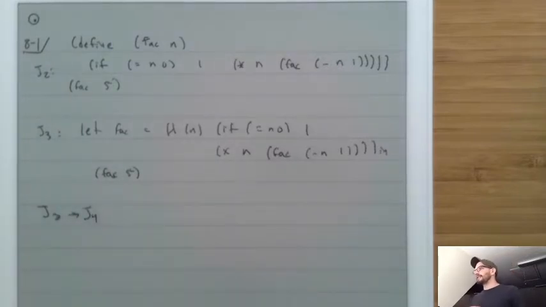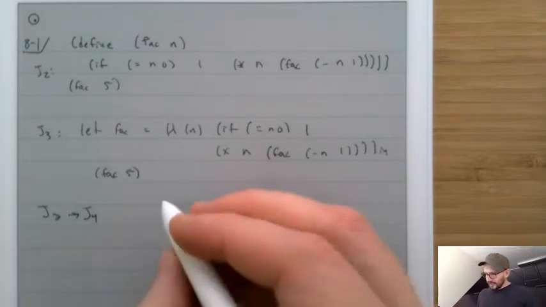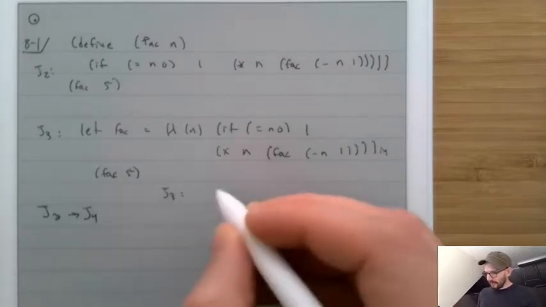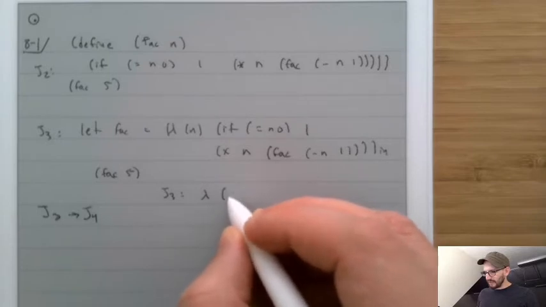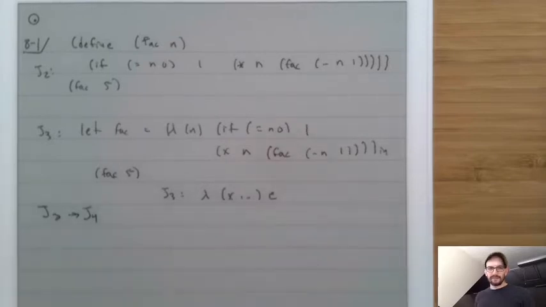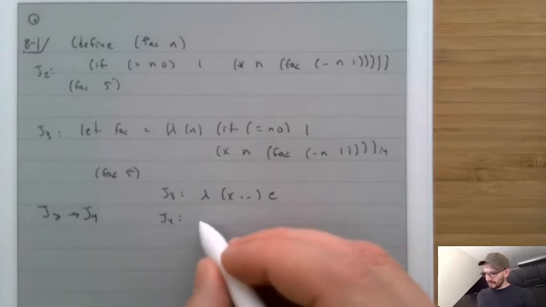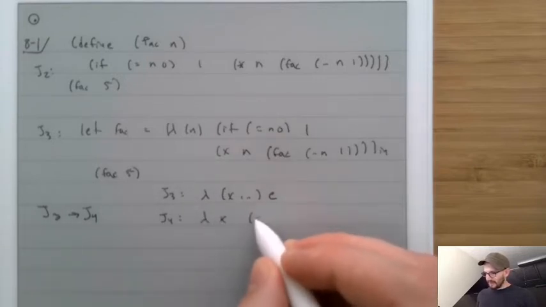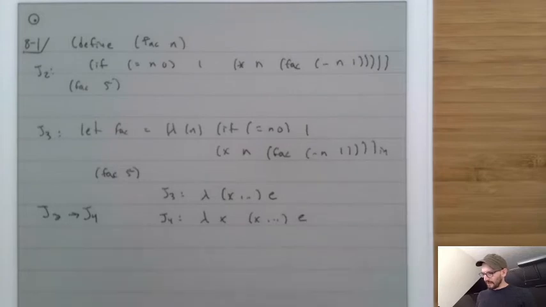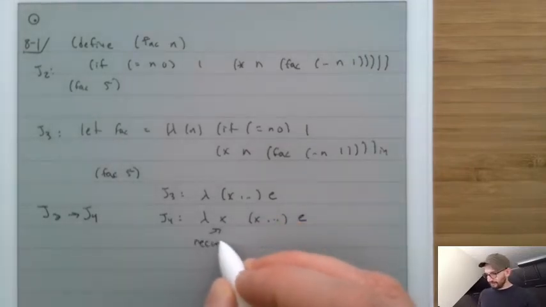And we're going to make a very small change to the language. It used to be in J3 that the syntax for lambda was lambda x ... e. And we're going to change that. So in J4, the syntax is going to be this, lambda f x ... e, where this name right here is a recursive name.